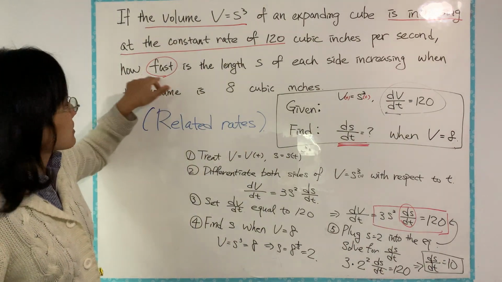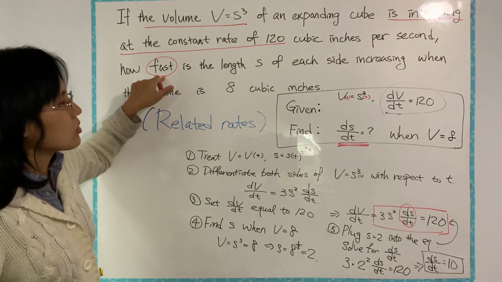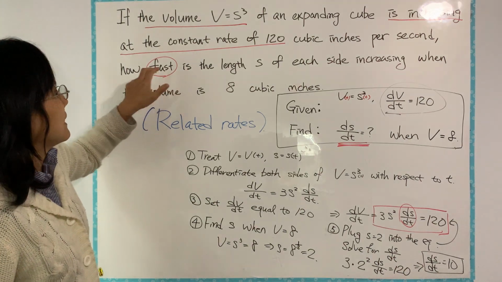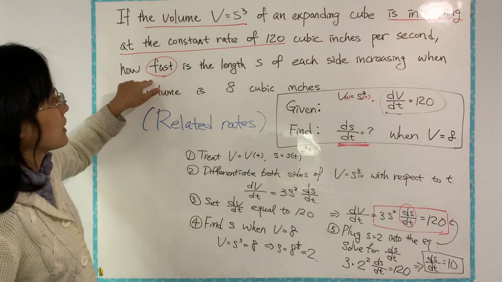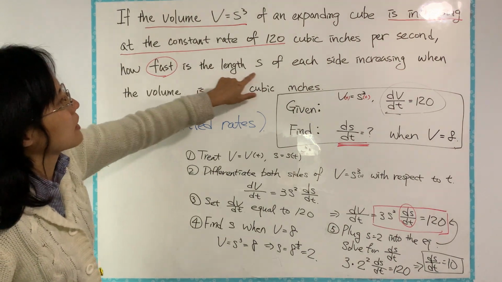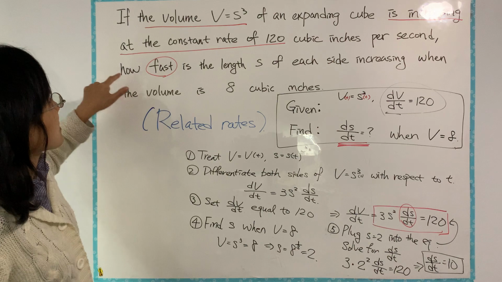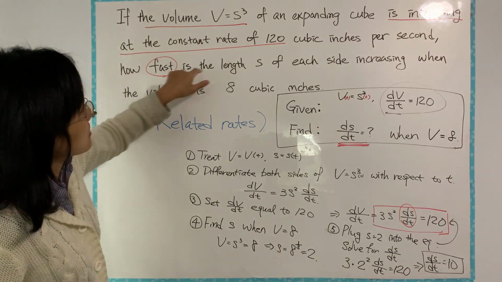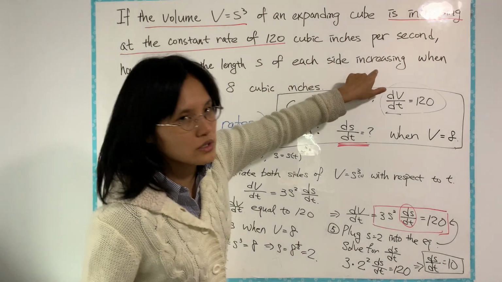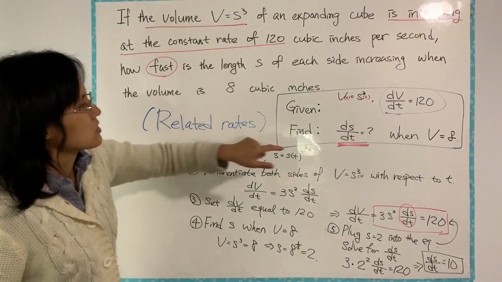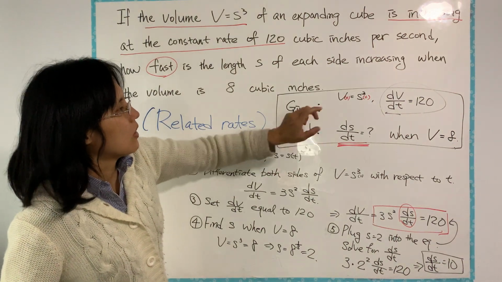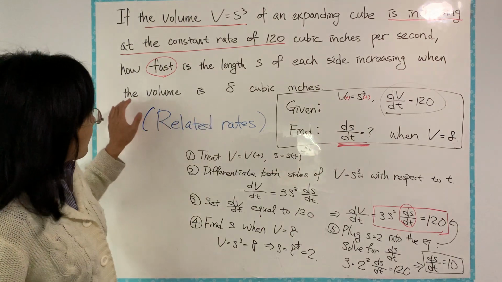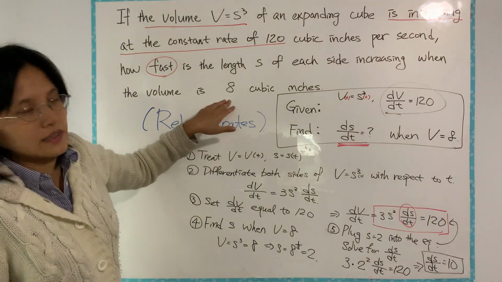How fast tells you you're looking for a derivative. What derivative? Derivative of the length S, because it's how fast is S increasing, basically. So we're looking for dS/dt, but only when the volume is equal to 8.